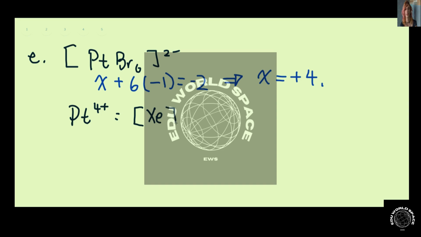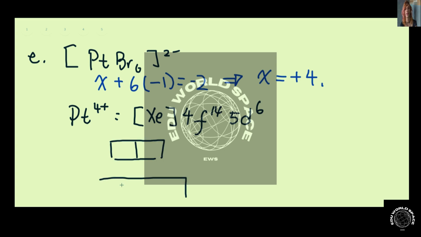Xe 4f14 5d6. So if we draw the electrons, so now if we draw the energy level diagram, we will have 2 orbitals on the top, 3 right here.